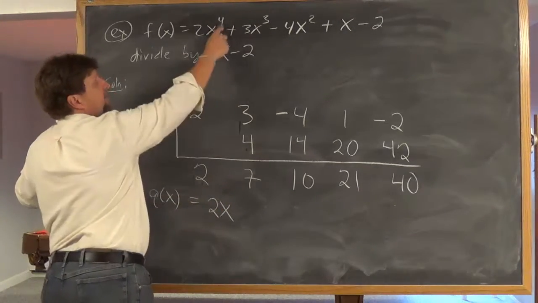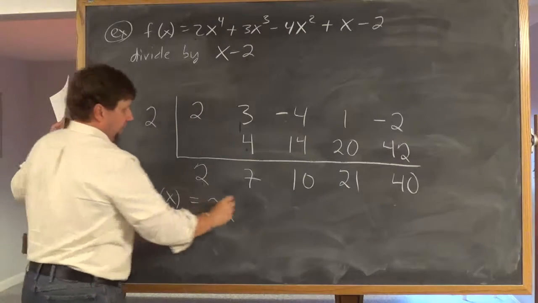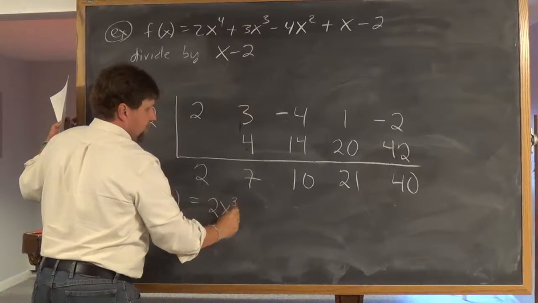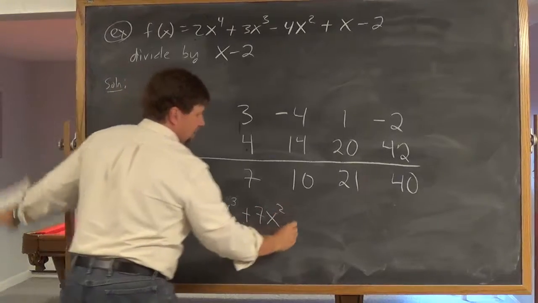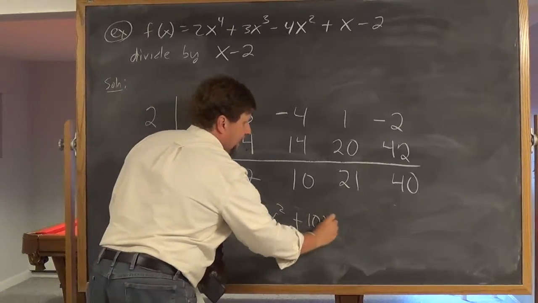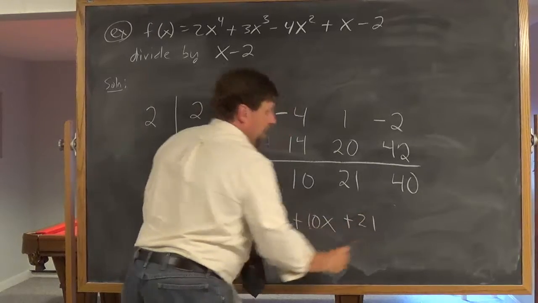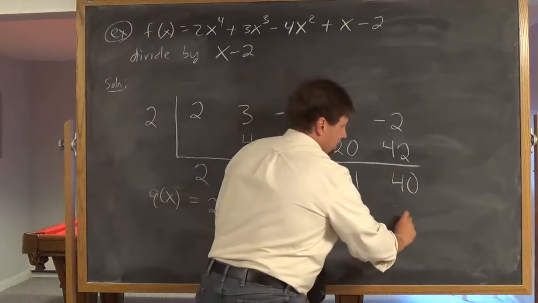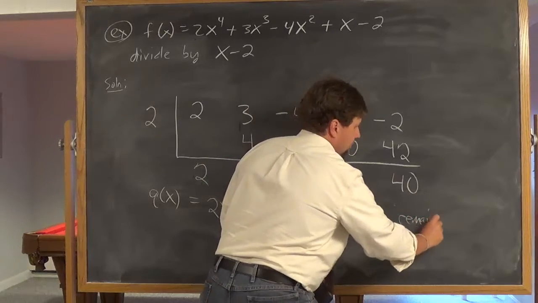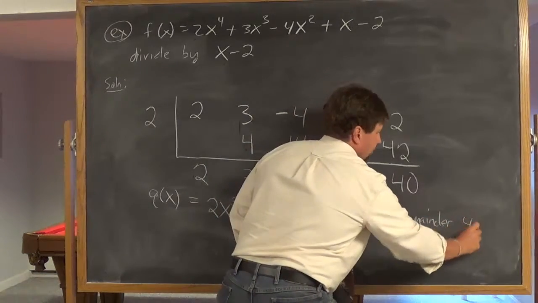So 2x, 1 less than a 4 is a 3. So 2x cubed plus 7x squared plus 10x plus 21. And it has a remainder of 40.